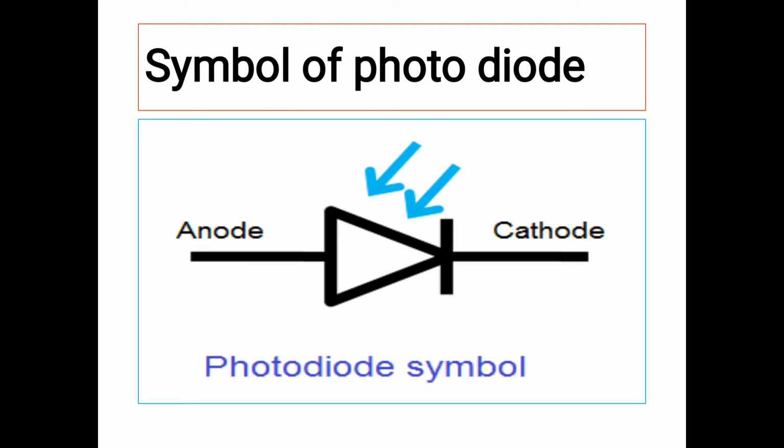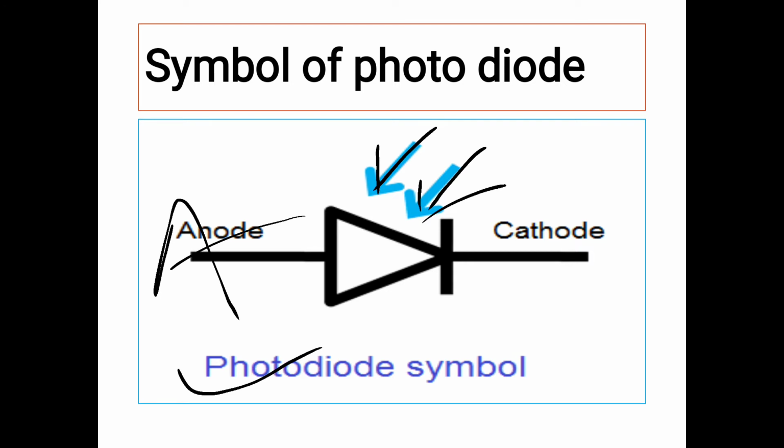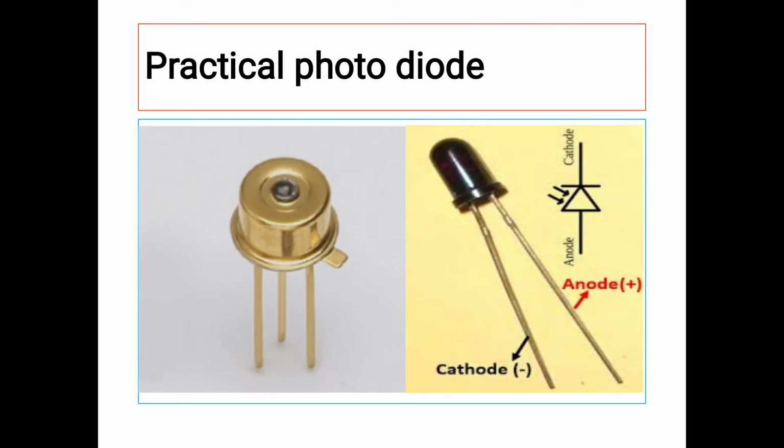So you can see in the given figure, this is the symbol of the photodiode, where this arrow is representing that the photon energy is incident on the surface of the photodiode. This is our anode and this is our cathode terminal. This is the figure for the practical photodiode.